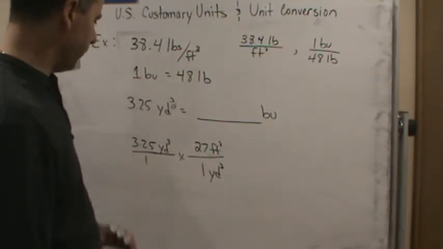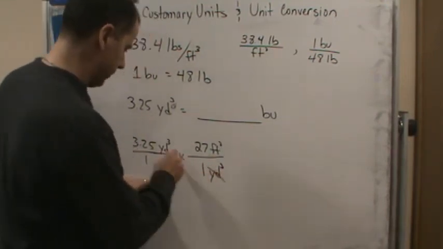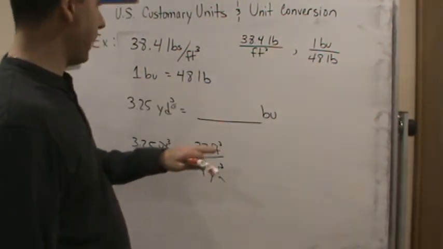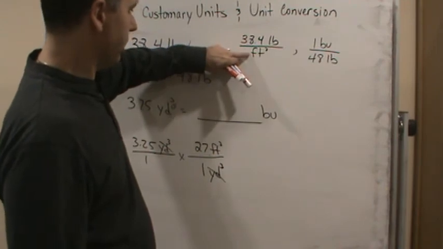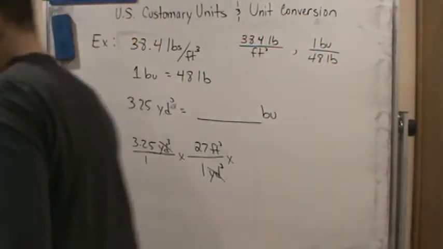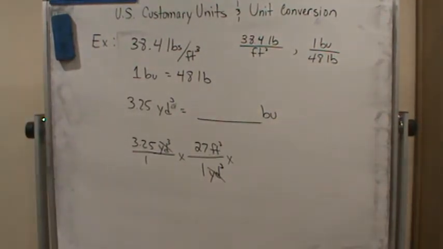Okay, so now this cancels with this, and so now we've got cubic feet. Now we can get to pounds. So we know that 38.4 pounds per cubic foot.